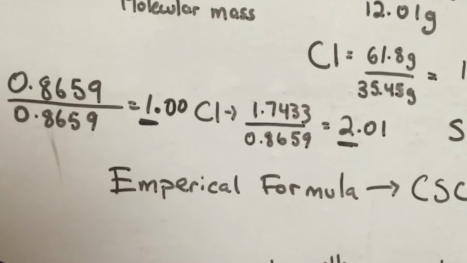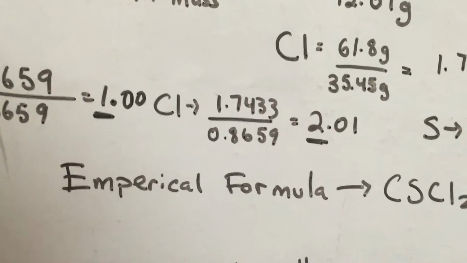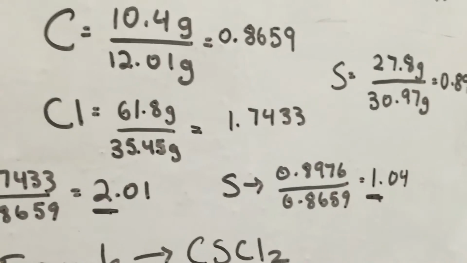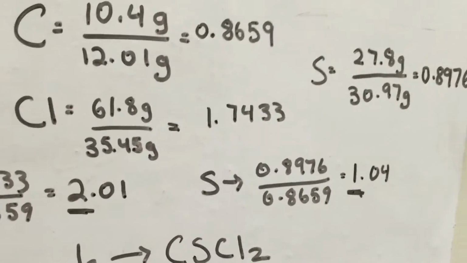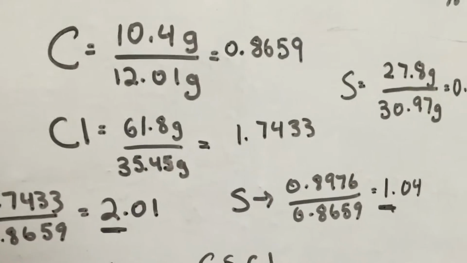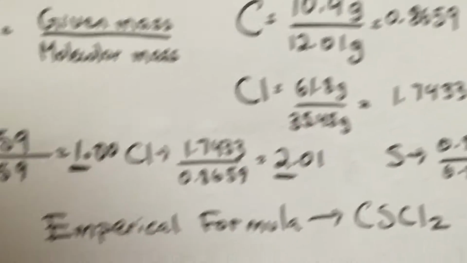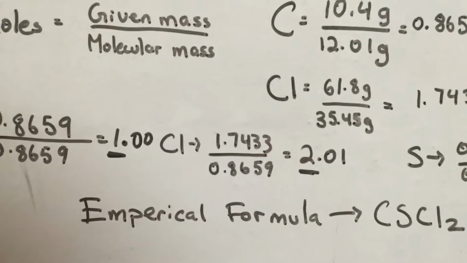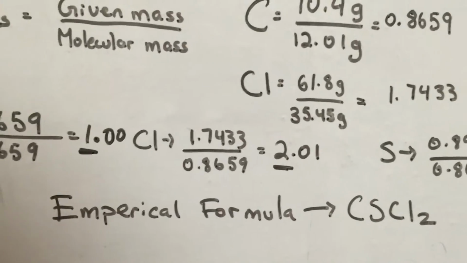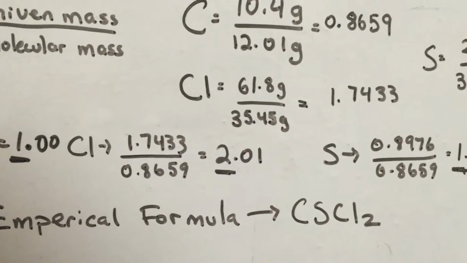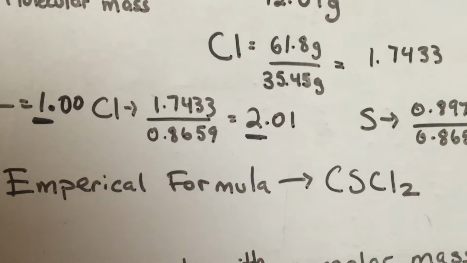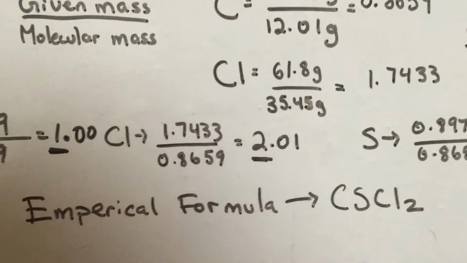Chlorine simplified gives us 2.01, and sulfur simplified gives us 1.04, which we'll approximate to 1. Our empirical formula and the answer to this is 1 carbon, 1 sulfur, and 2 chlorines, giving us CSCl2.